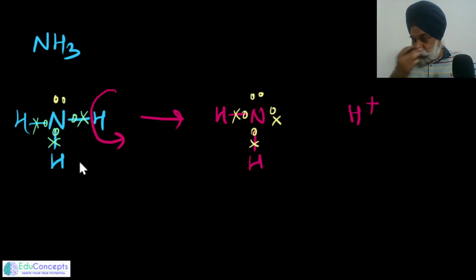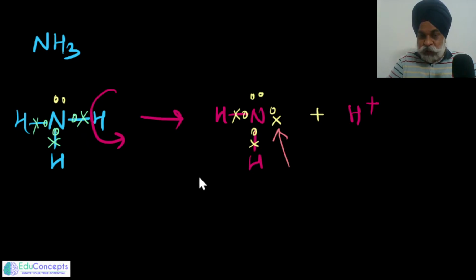So what we are able to see here is, on this nitrogen from this side, this cross, which was of hydrogen, let me mark it very categorically, this cross is of hydrogen, now it is with the nitrogen. So the actual charge on nitrogen is -1. Now if I look into this particular bond, you have to write it this way, this is +1, this is -1.